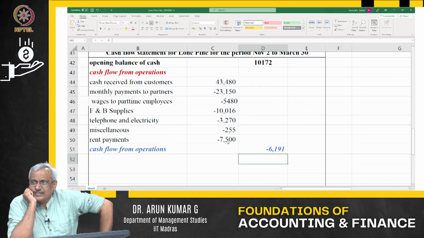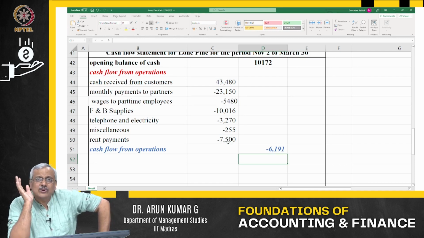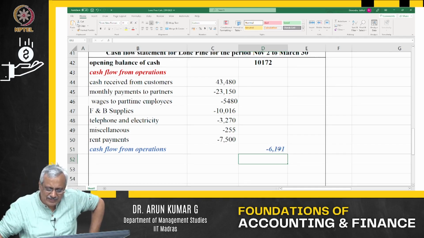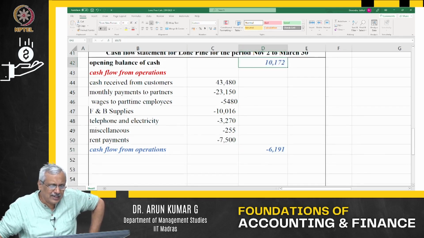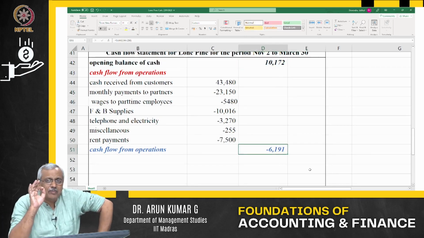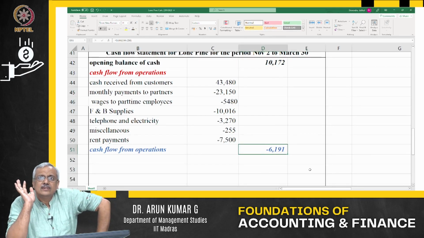We see that the operations have generated negative $6191, and unfortunately this is the cash that is getting generated from operations.